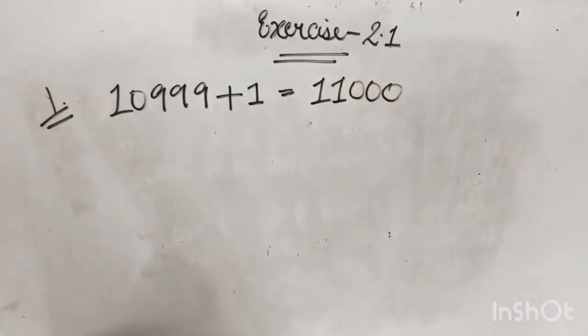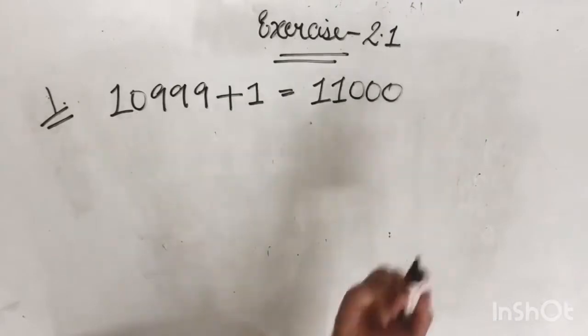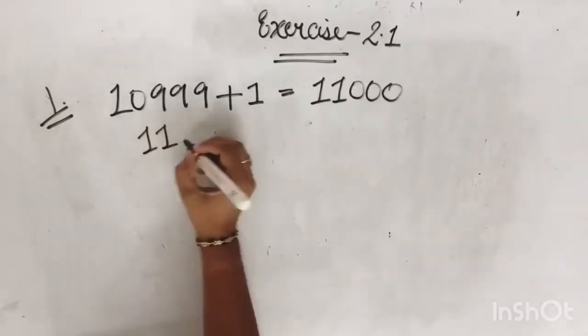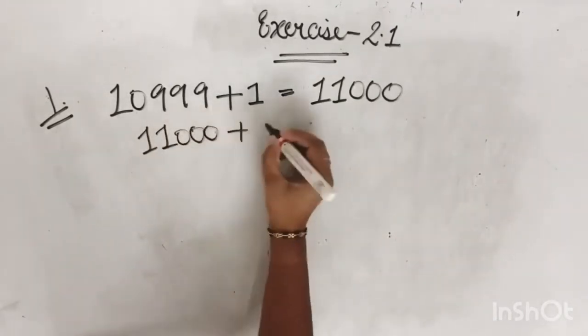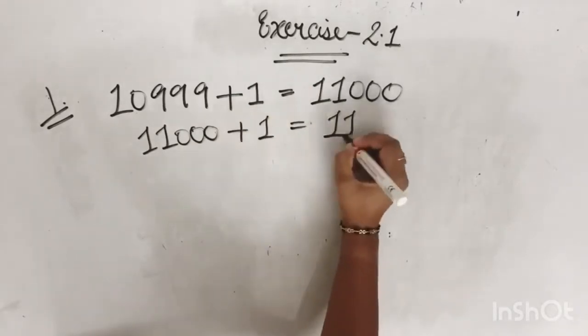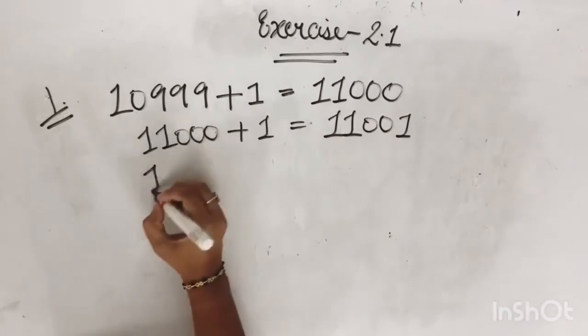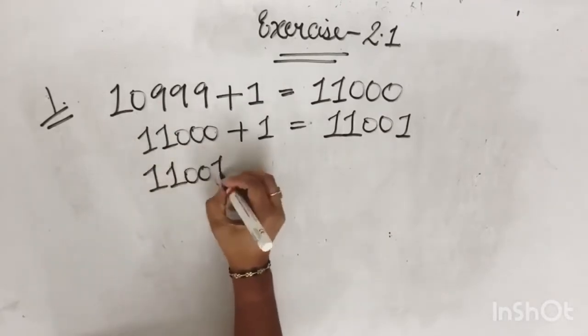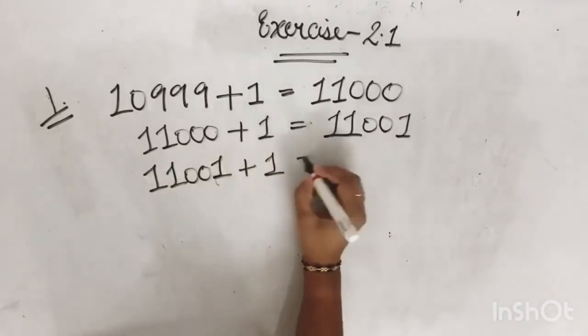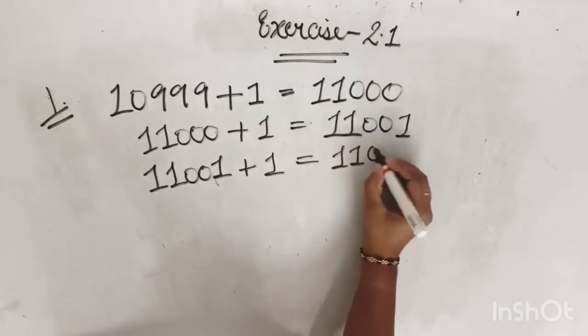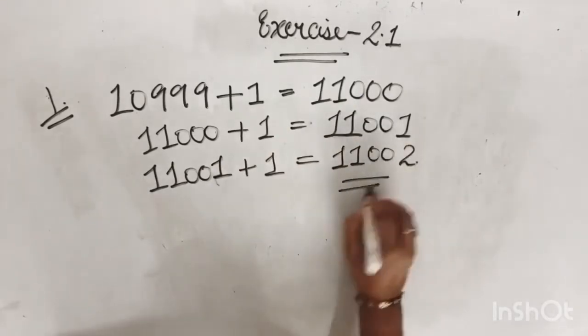And then you have to find one more number next to this. So again you will add 1 to this number. So you will get 11,001. Again you have to find the next number. Add 1 to this number. You will get the next number.